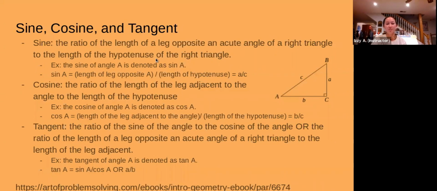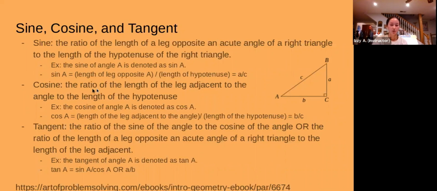To simplify, if we look at this triangle on the right and focus on angle A, the sine of angle A is denoted as sin A, and sin A would be equal to the length of the side opposite A, which in this case is BC, or segment a, over the length of the hypotenuse, which would be AB, but you can also call it segment c.